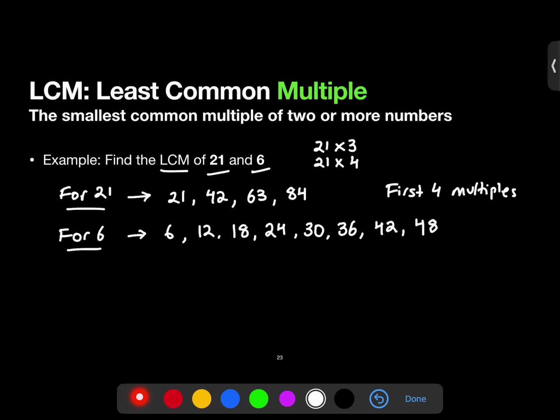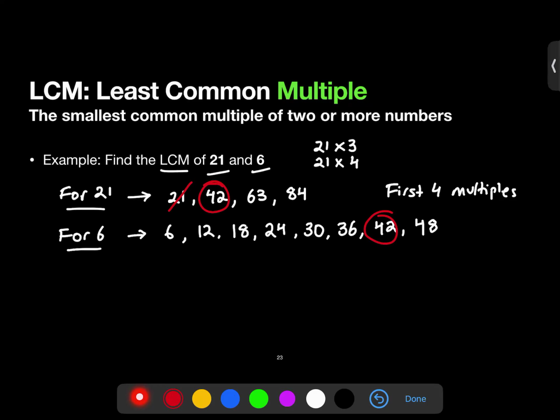Okay, so here we can see we found numbers that are in both of the lists, so both in 21 and 6. So 21 cannot be an LCM because 21 is not in this list. However, we can see 42 is in both of the lists.